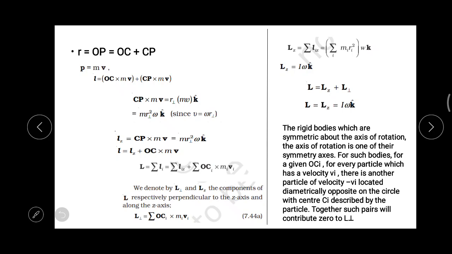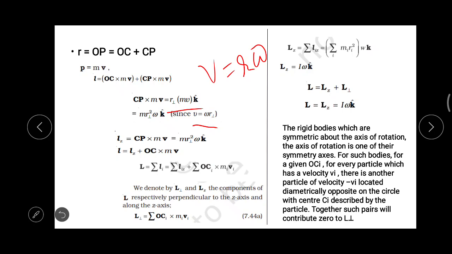So CP cross mv will become r perpendicular mv, that is the magnitude r perpendicular mv into k cap. Now we will rewrite v as omega r perpendicular. That relation you have to use here, v is equal to omega r perpendicular.